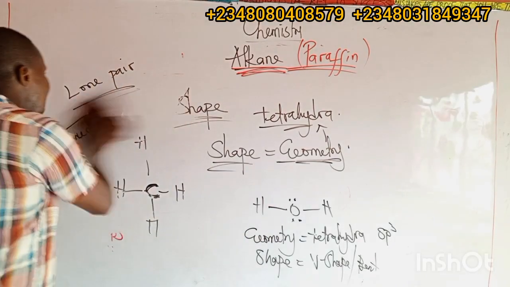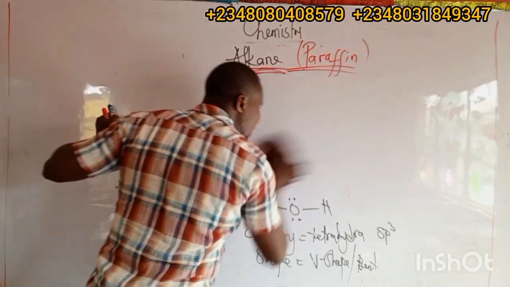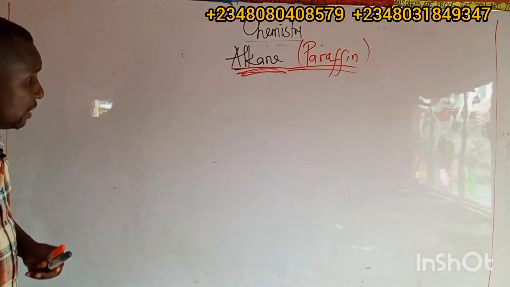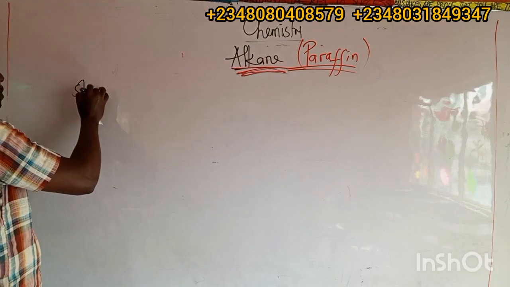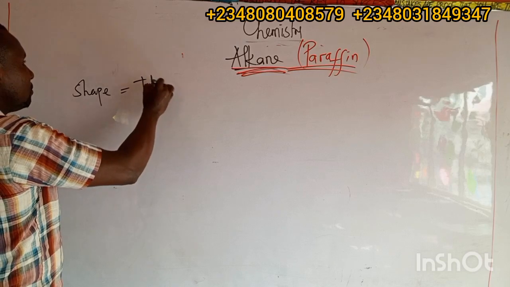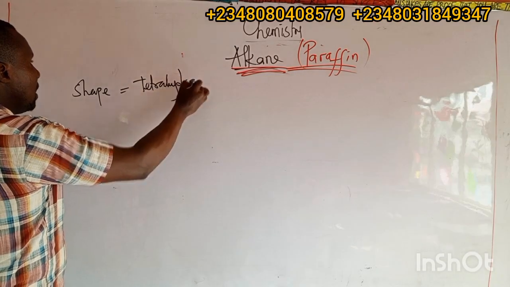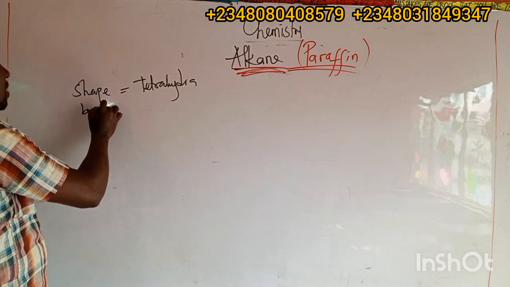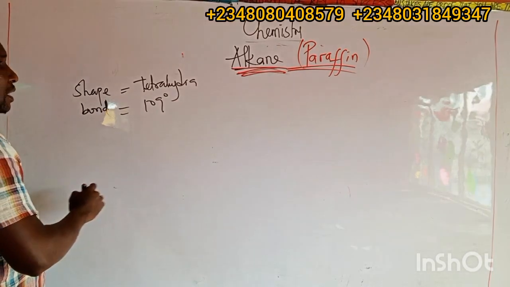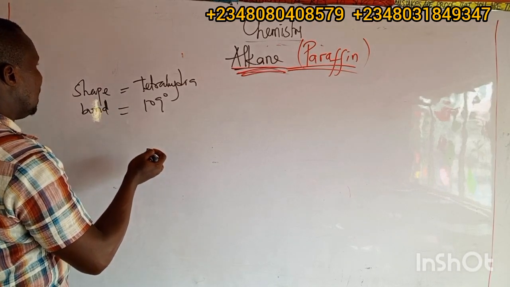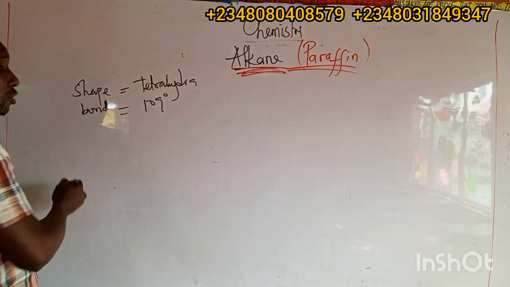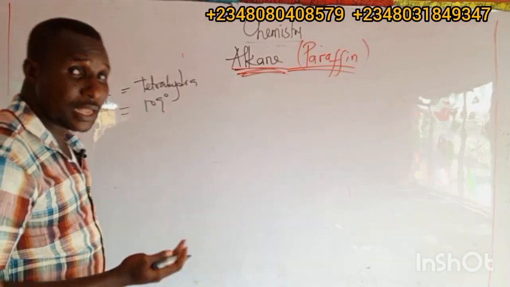Let's move forward. What have you learned in this? I've given you the shape of methane, that means alkane as well, tetrahedral. I've given you that the bond angle of alkane, methane, is 109 degrees. I've given you that the first member, which is methane, can be called marsh gas.